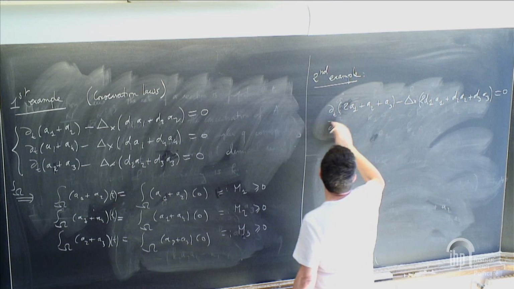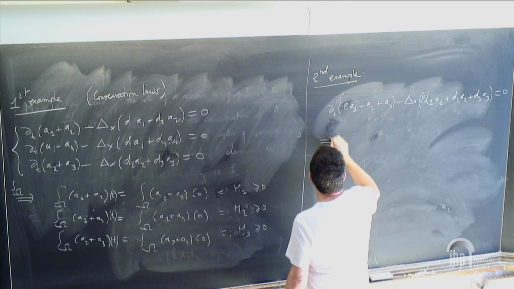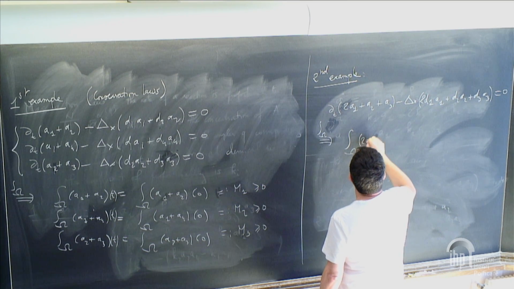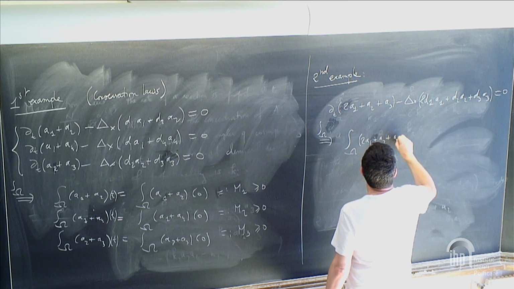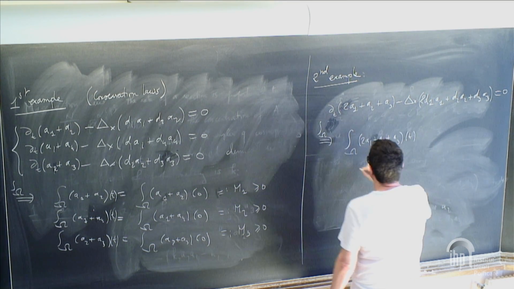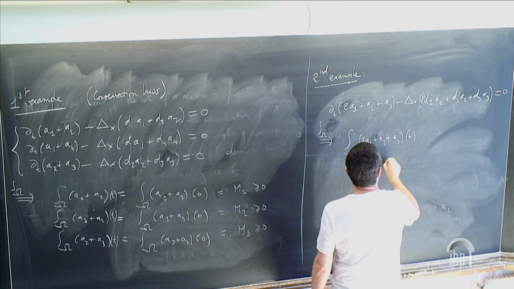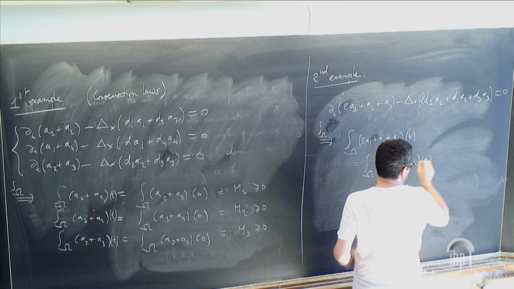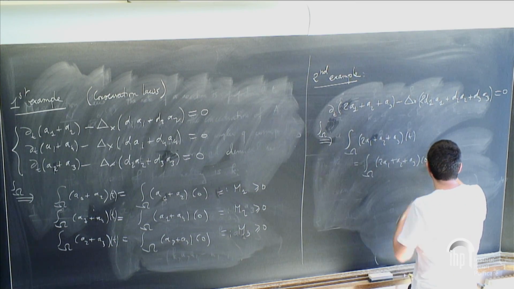And by integrating on omega, you get that this quantity at time t is equal to the same quantity at time 0, which I call m.